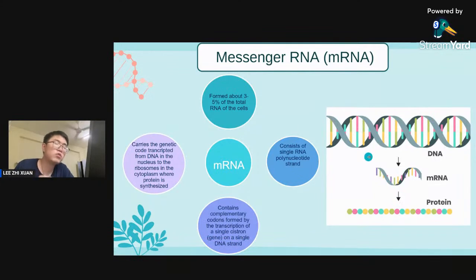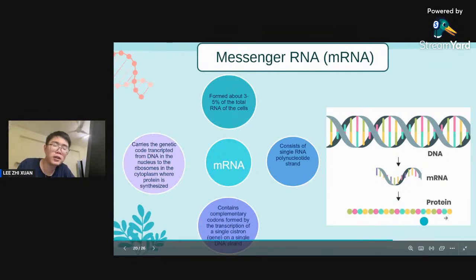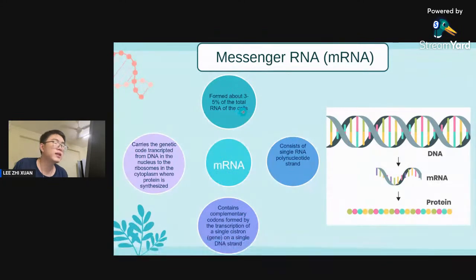You just know that transcription is the process that comes from DNA. It produces mRNA from DNA, using the information of DNA to produce the mRNA. So normally mRNA is shorter compared to DNA because not all the information from the DNA will be transcribed to the mRNA. Only certain specific information that is bound with the protein will be transcribed. So that is why it forms about 3 to 5% only.